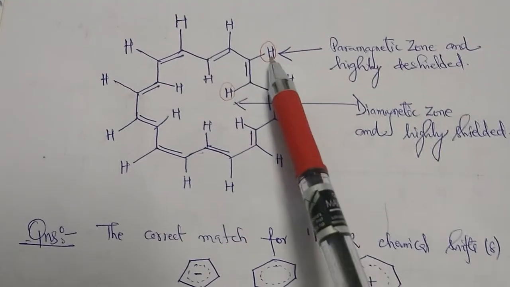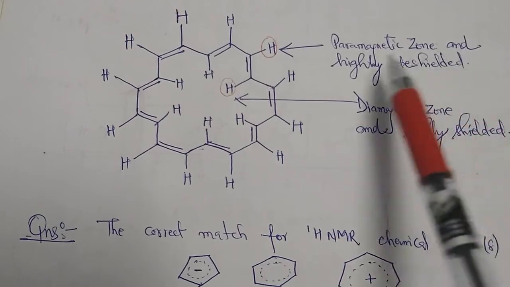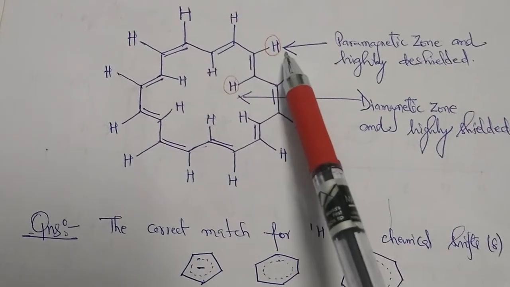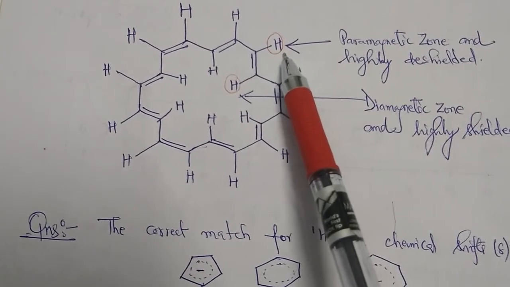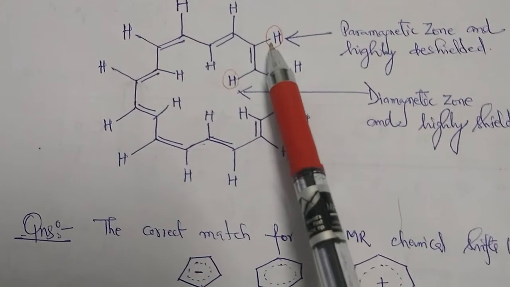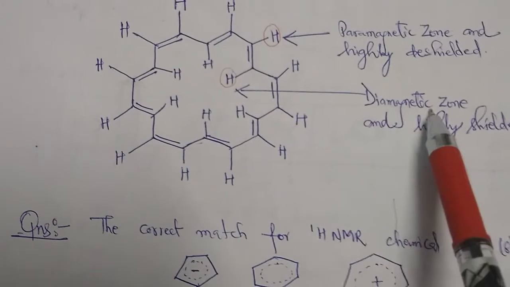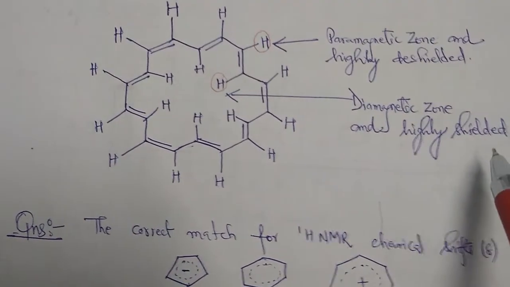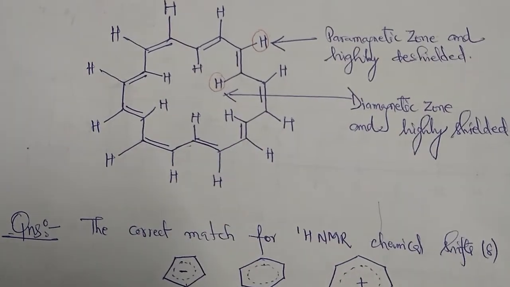The protons at the exterior of this ring will be in the paramagnetic zone and will be highly deshielded, so they will have a high chemical shift value. The interior protons will be in the diamagnetic zone and will be highly shielded, so they will have a low chemical shift value.